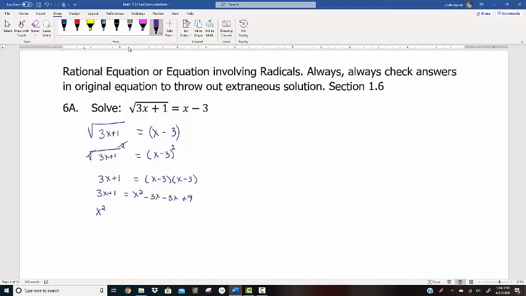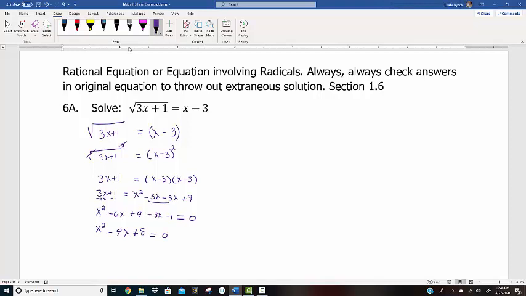X squared, this 2 combined here and here, will be minus 6x plus 9. Then we're going to subtract the 3x and subtract the 1. And it's going to equal 0. So we'll combine the x terms again. X squared minus 9x, then 9 minus 1 plus 8 equals 0.